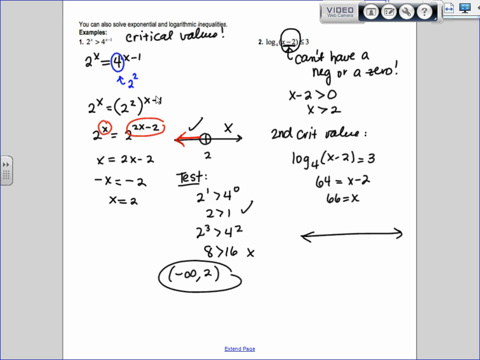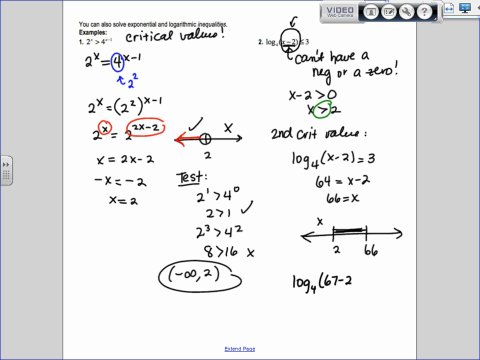So it's okay if you had forgotten to do greater than 2. Just put it on a number line and test each location. You're testing whether they're true or false. If you try 1, it doesn't work. You can't do the log of negative 1. Nothing on the left side is going to work. You can test 67 in the original.